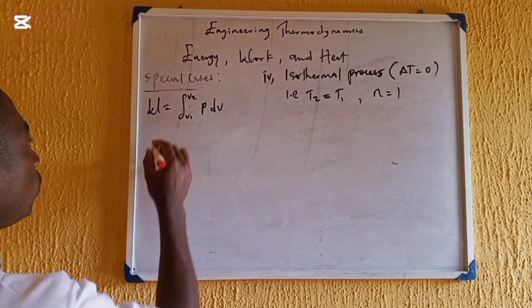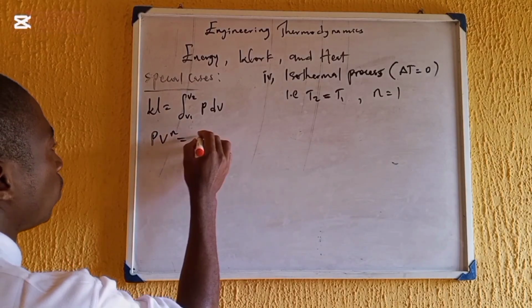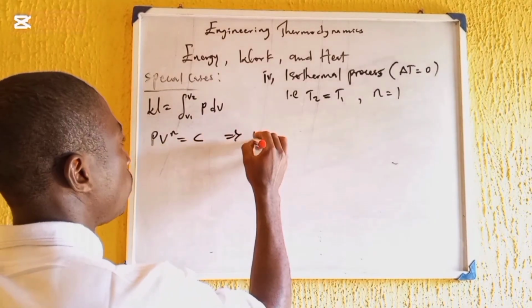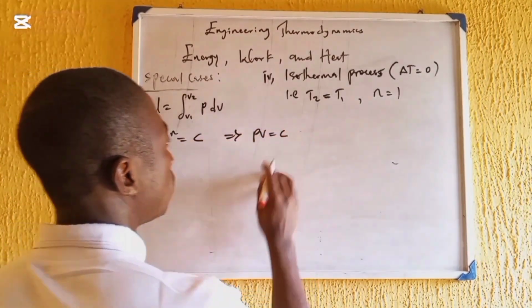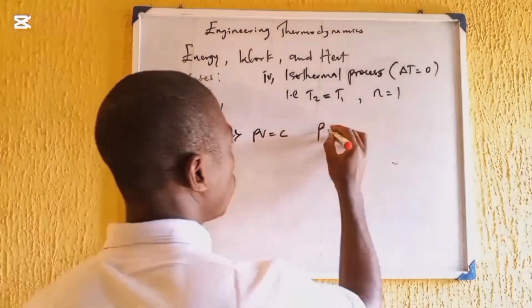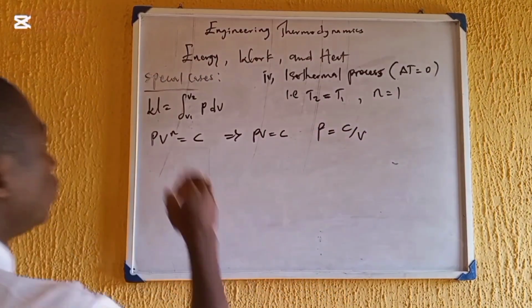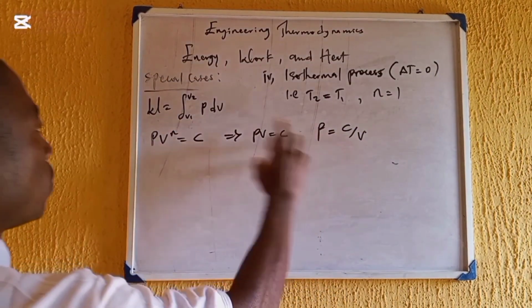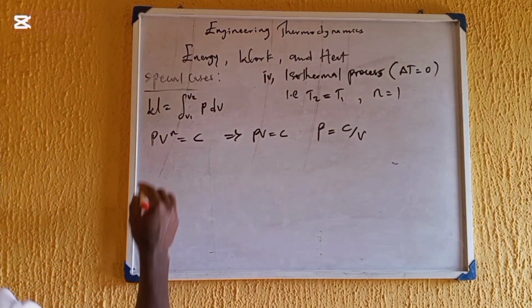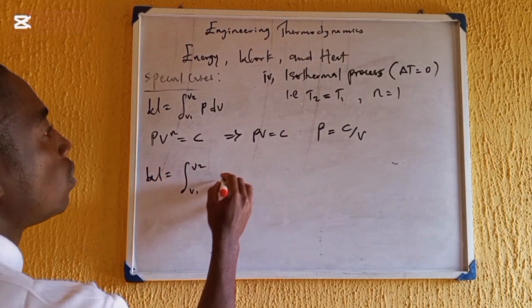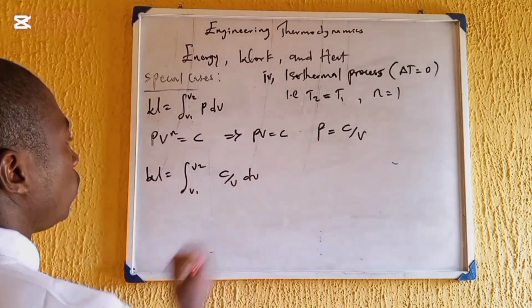Now we are having PV to the power n equal to C. But n is equal to 1, it implies that PV is equal to C. So pressure is equal to C over V. We come to this formula, we substitute for pressure. So work is equal to integral V1 to V2 of C over V dV.